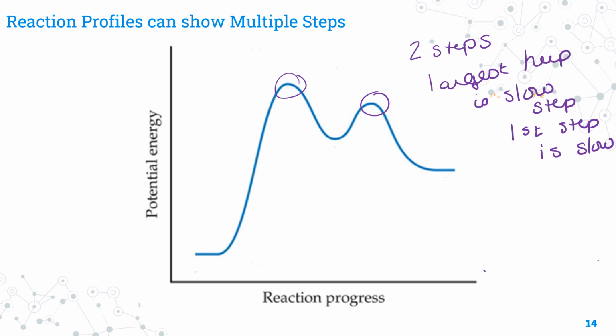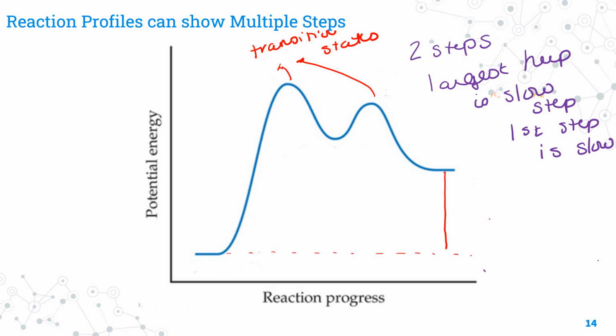And we can actually look at this and label a lot of things. We can look at the fact that here and here are our transition states. The difference between our reactants and our products, so here is going to be our delta H. Between reactants and our first transition state is going to be our activation energy.